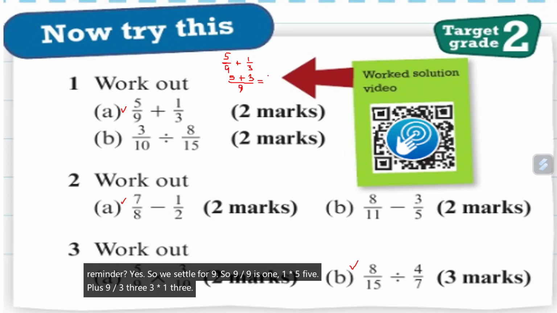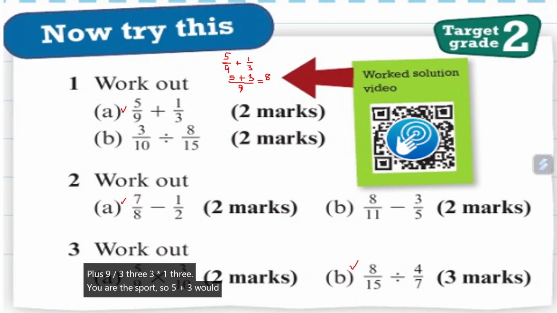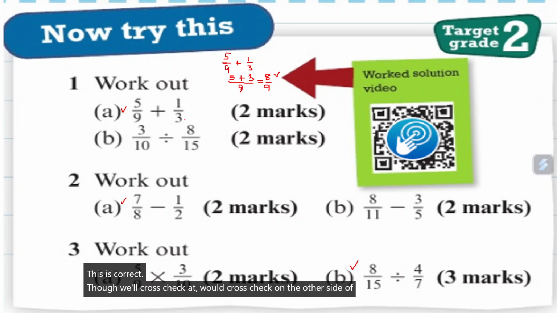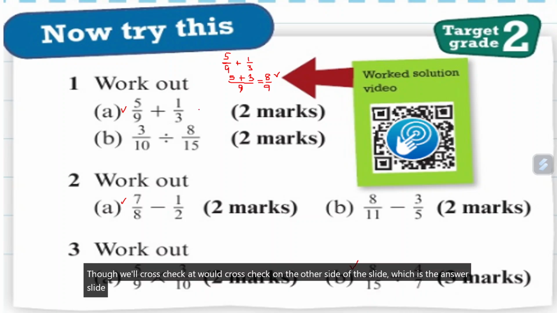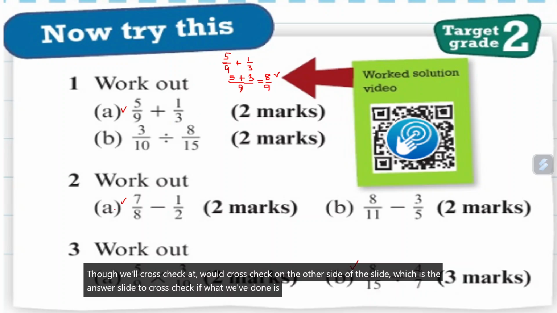So 5 plus 3 will be 8 over 9. This is correct. Though we'll cross check on the other side of the slide, which is the answer slide, to check if what we've done is correct. Then we look at question 2a.